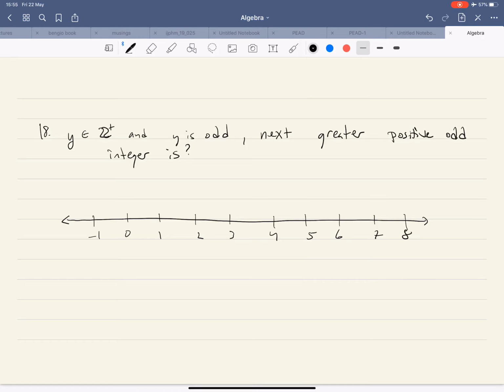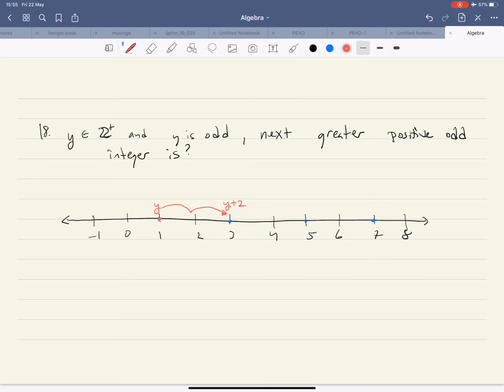Okay, here I'm a little more restricted in terms of what my variable y could be, but y could be 1, for example, right? That's a positive odd integer. y could be 3, 5, 7. So let's just say that, for example, y is 1. Now if I want to get to my next positive odd integer, I'm going to go 2 units down the number line, and I'm sitting at y plus 2.